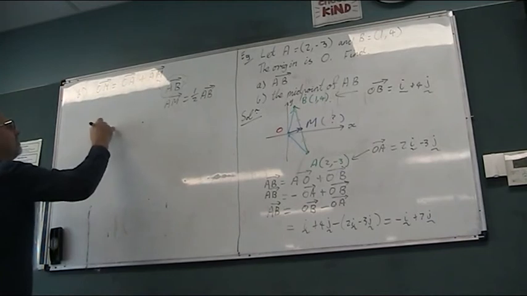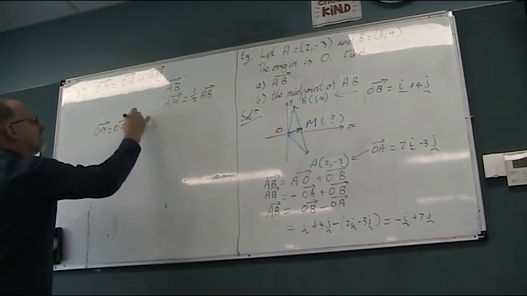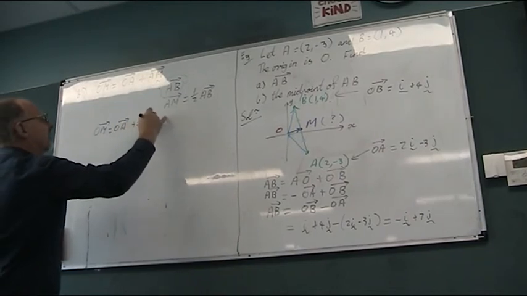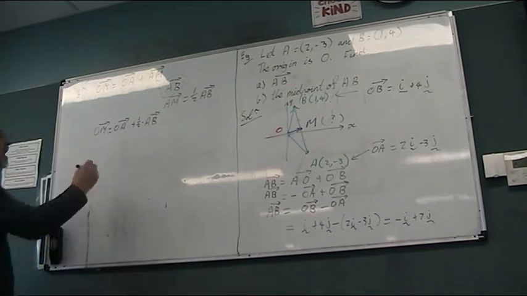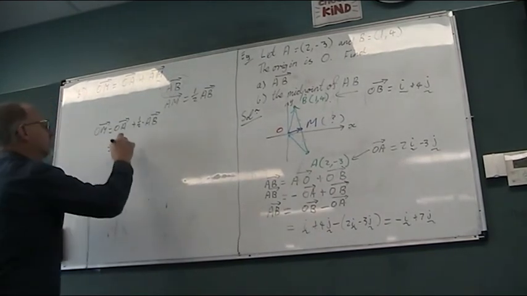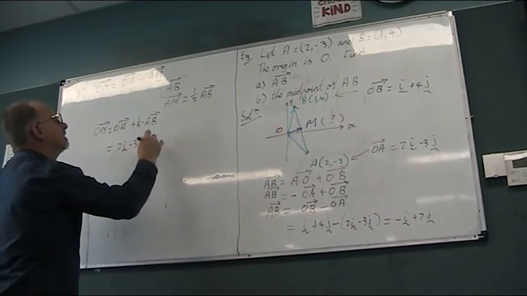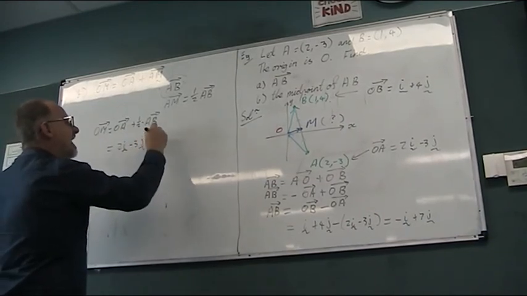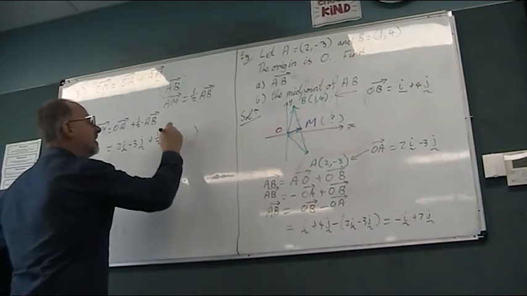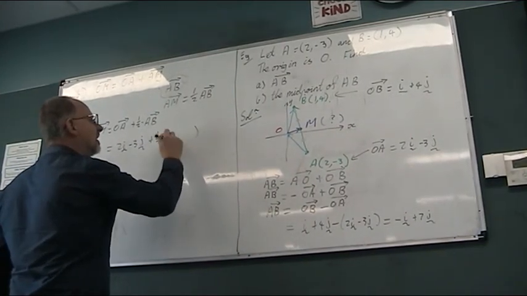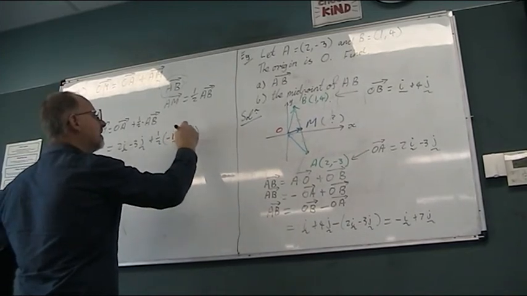So O to M is O to A plus a half of A to B. So O to A, we know that, 2i minus 3j. And then plus a half of A to B, negative i plus 7j.